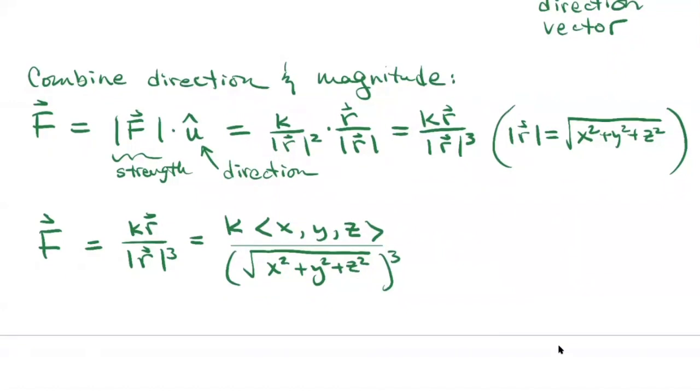And if you really want to get serious about this, then you might do it this way. Kx over X squared plus Y squared plus Z squared, to the 3 halves. I'm just distributing the scalars through as a vector multiplication.